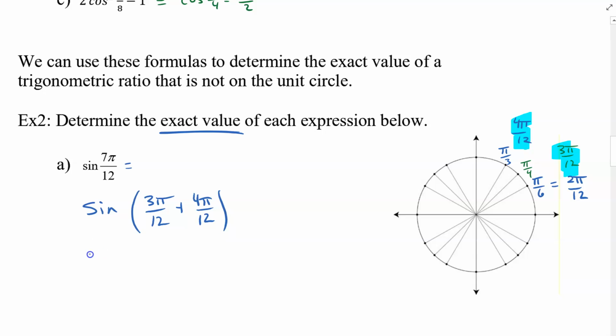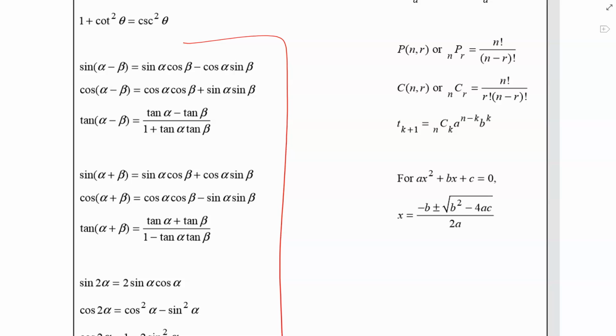That's the same thing as the sine of pi over 4 plus pi over 3. Now it's time to check our formula sheet for the sine of two angles added together. This is the one I want.